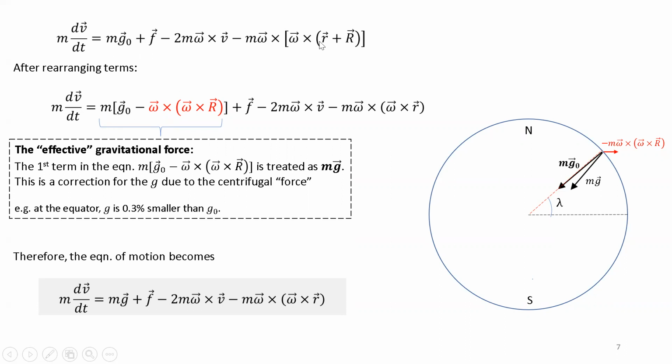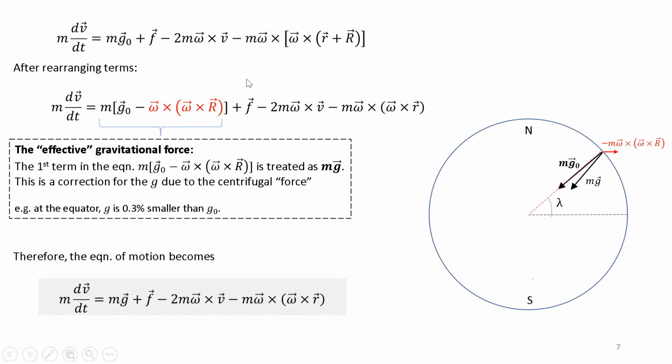Put this capital R term with this g naught term. This is convenient because the directions of these terms won't depend on the motion of the particles.